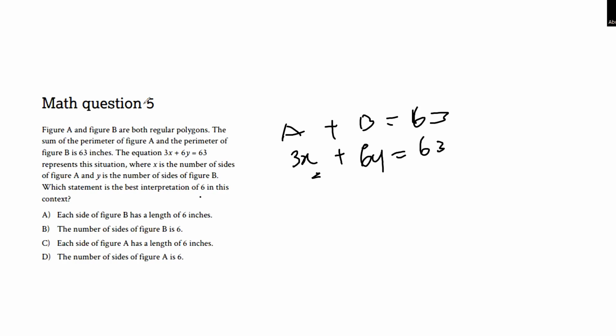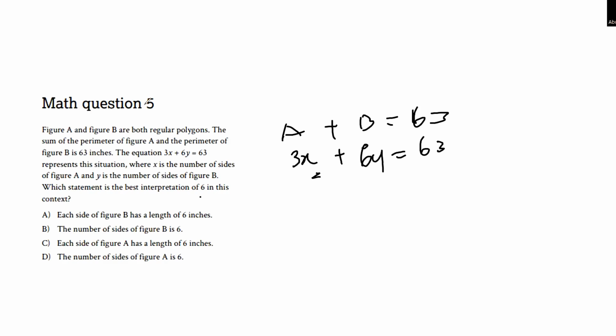So now looking at the options, the first option said each side of the figure B has a length of 6 inches. Also, B said the number of sides of figure B is 6. E said the side of figure A has a length of 6 inches. D said the number of sides of figure A is 6.